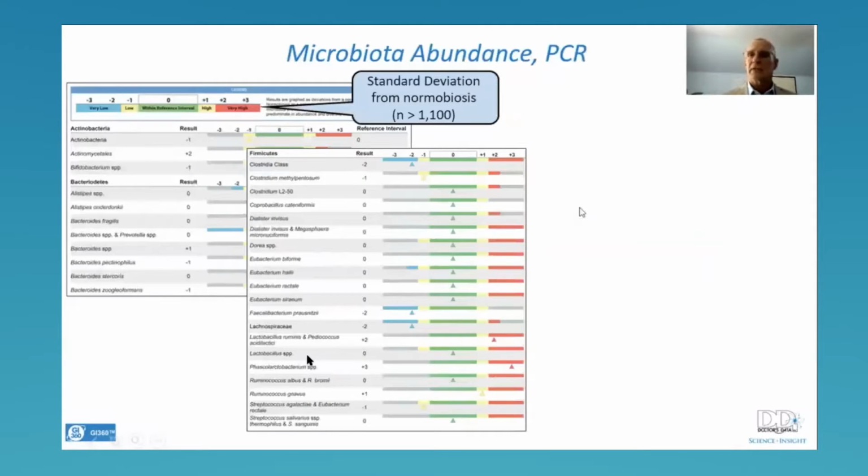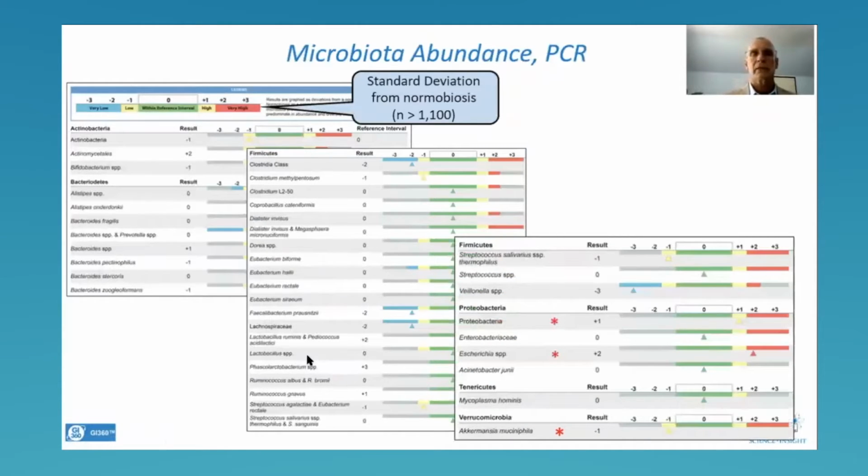So if you want to dig further, in the next several pages, we have all the detailed data for that probe analysis of the microbiome, again, reported as deviations away from normal biosis. Again, based on that large healthy population. And, you know, some people like to really dig deep in here.